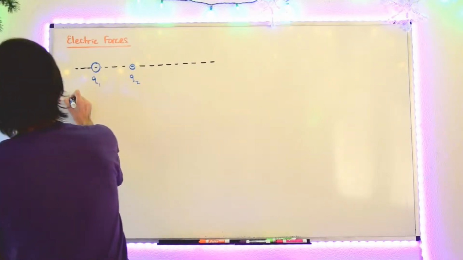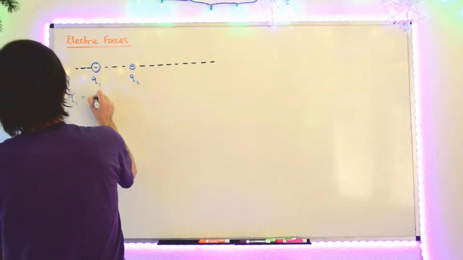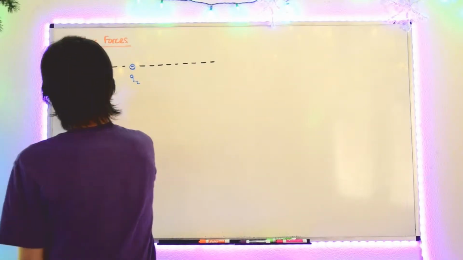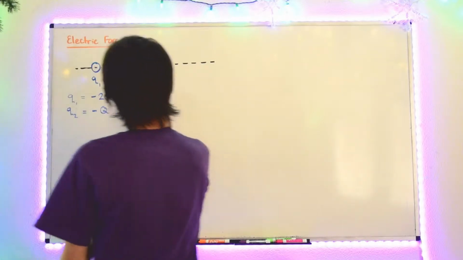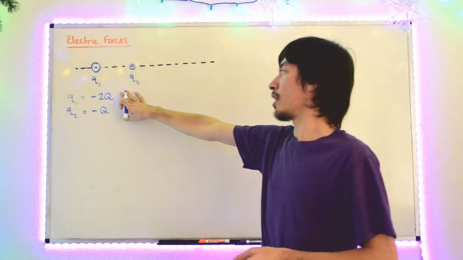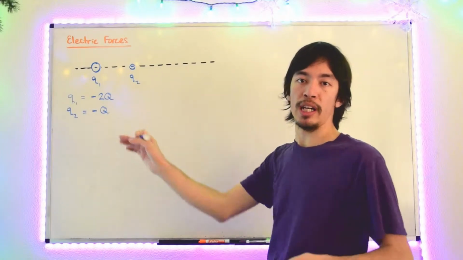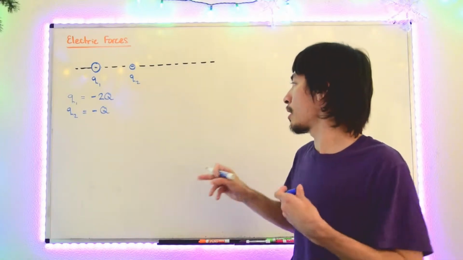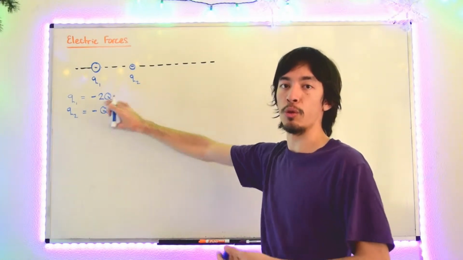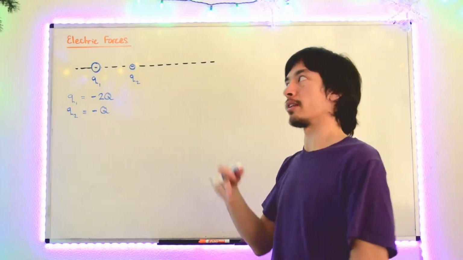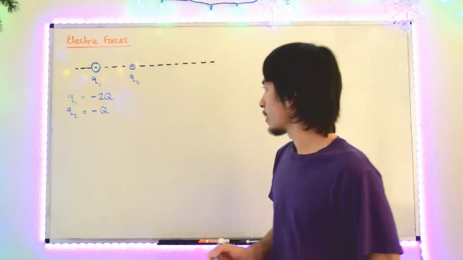And we know that Q1 has a value of minus 2 capital Q, and Q2 has a value of minus capital Q. So whatever the values of capital Q are, it doesn't really matter. The most important thing is that one of these charges is twice the size of the other, or if you say it the other way around, the other charge is half the size of the other.